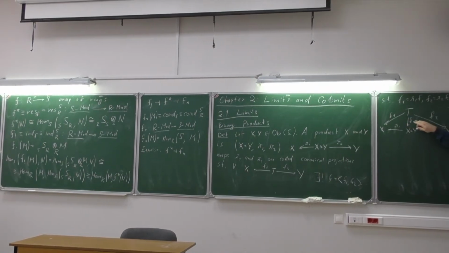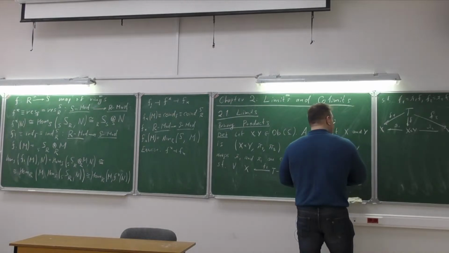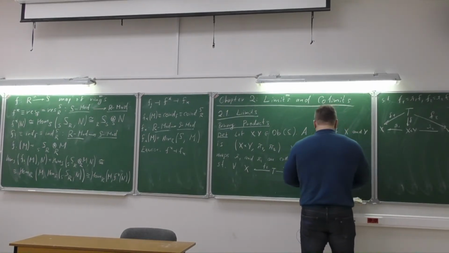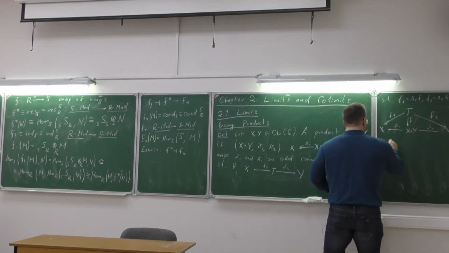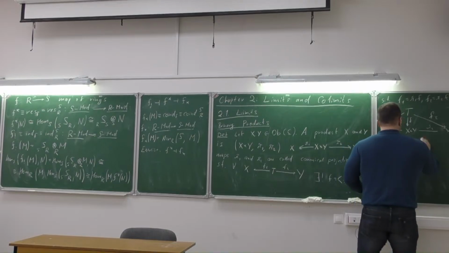And the commutativity of these two triangles is just these two formulas. Okay. So another point of view on the product is the following. The product is a terminal object.